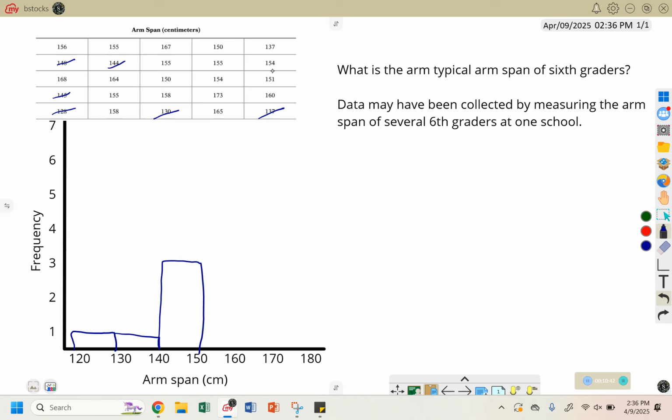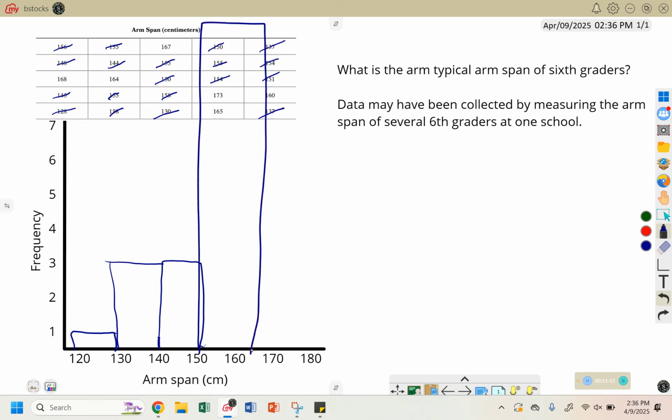There's another, so 2, 3 there. From 150 to 160, 1, 2, 3, 4, 5, 6, 7, 8, 9, 10, 11, 12. That goes off of my chart here. Let's adjust my frequency here.